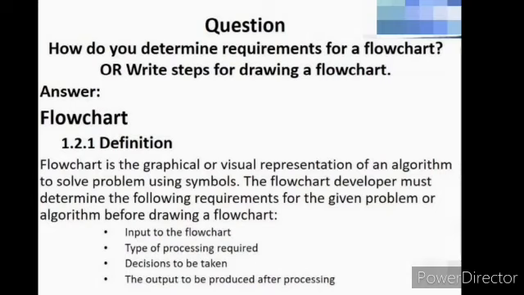The flowchart developer must determine the following requirements for the given problem or algorithm before drawing a flowchart. First one is input to the flowchart. Second one, type of processing required. Third one is decisions to be taken. And number 4 is the output to be produced after processing.